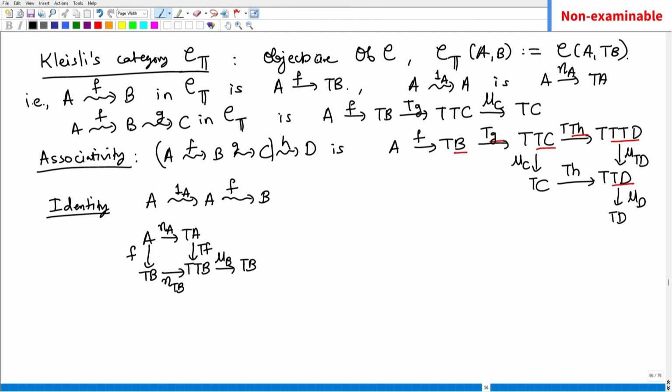Diagram 1. Yeah, so this is actually using diagram 1, this is actually just F. Okay, this is one-sided identity.